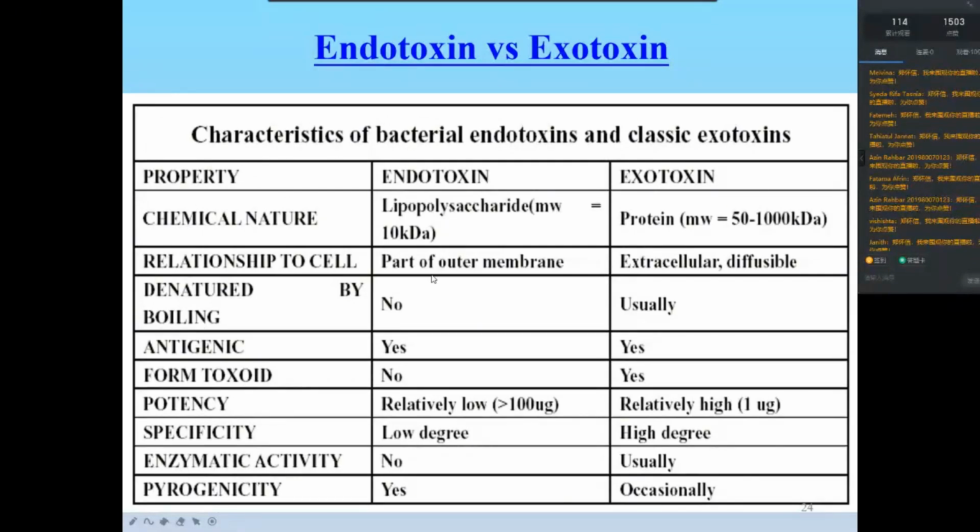I'd like you to keep an eye on this table when you learn different types of toxins. This comparison between different toxins can help you to remember the properties of each toxin. Okay, so this is a brief summary of what we mentioned just now.